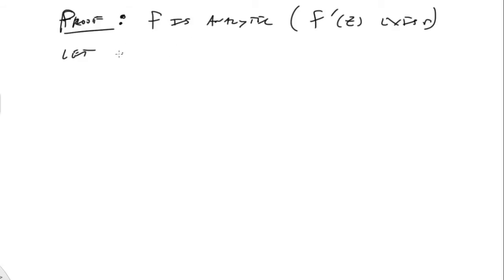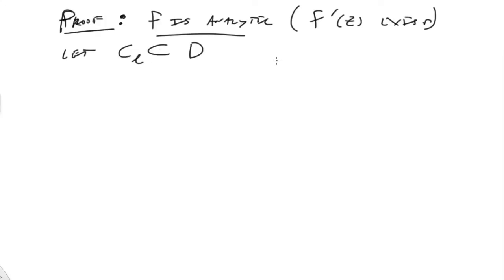All right, so we're going to say that f is analytic. So that's the supposition, and that means, of course, that f prime of z exists. And also let CL be a subset of D. Okay, and we know that f is analytic on all of the region.